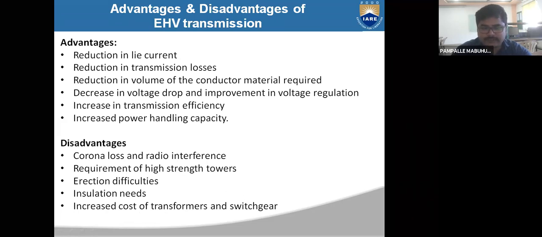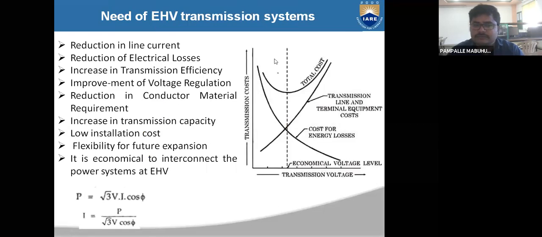Okay, so even though there are some disadvantages and some advantages, from the previous graph, right? As the transmission voltage is increasing, the total cost curve will be like this. So now you have to observe the minimum point where the cost will be minimum, right?